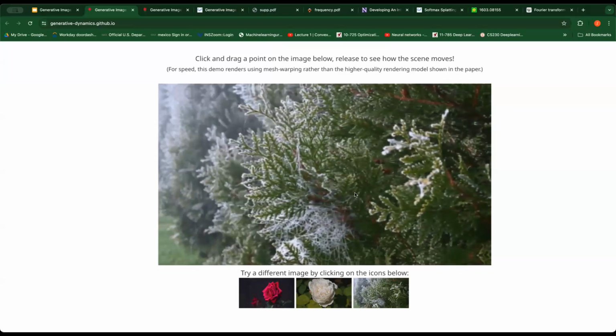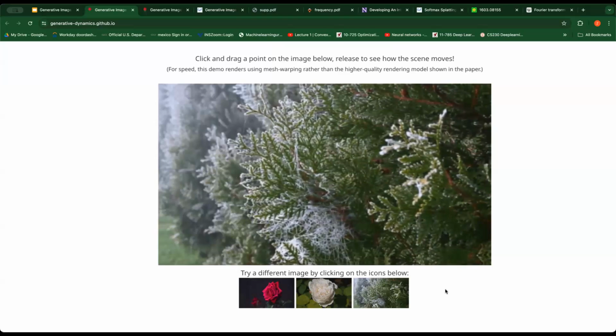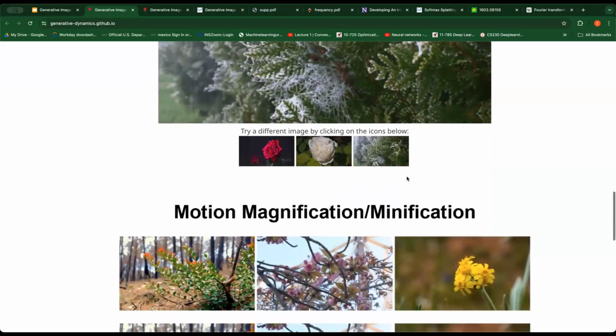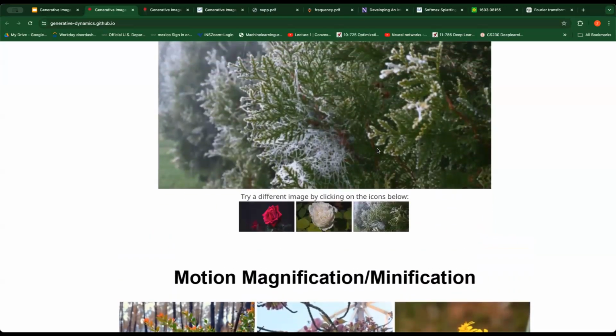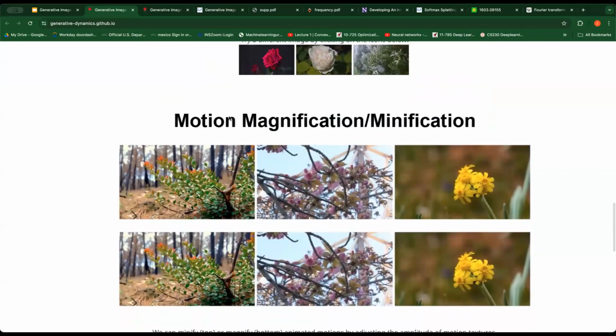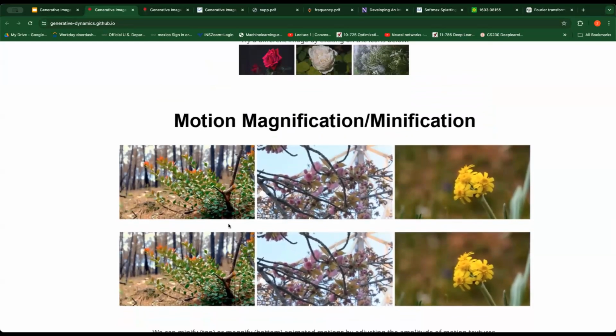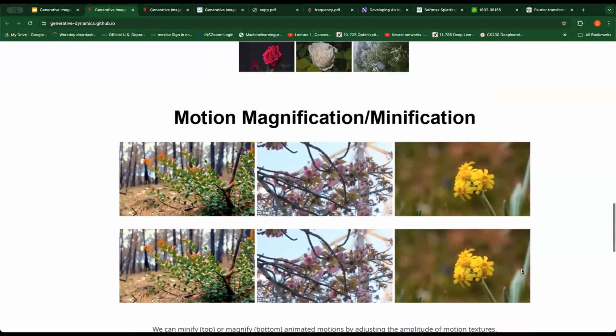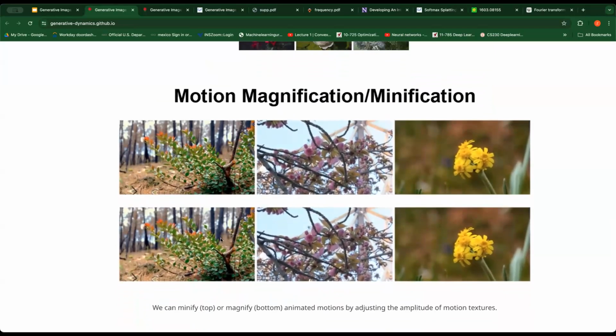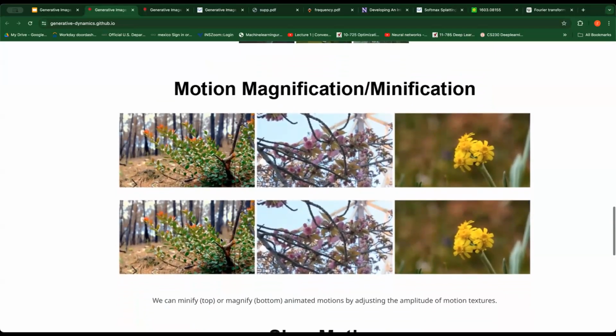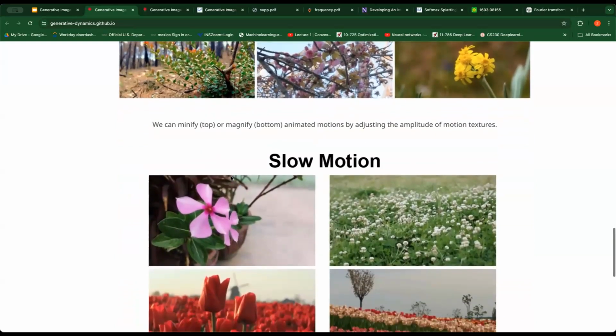And lastly, in this one, they're showing they can actually control the motions. They can magnify or minify it, make it larger and smaller, and also make it slower or faster. So that's the applications of this paper, the authors think.